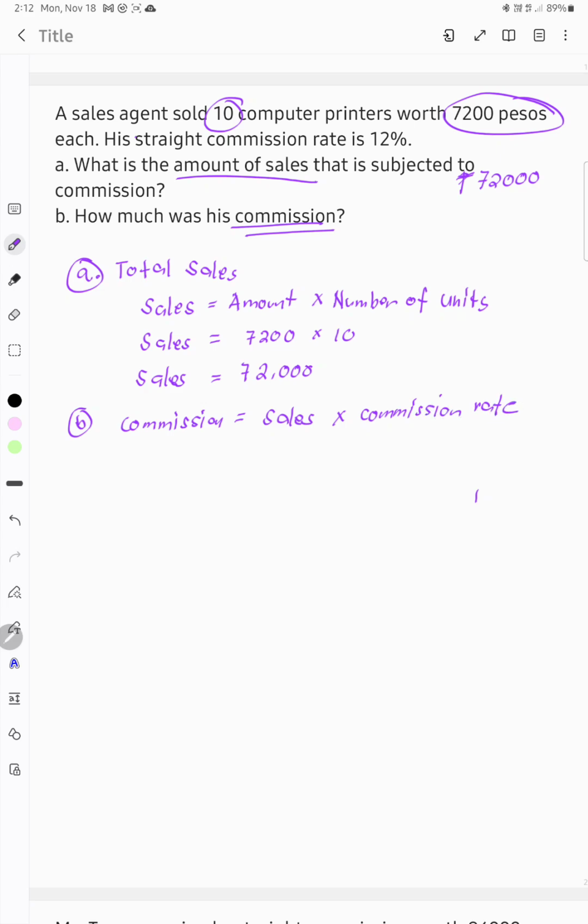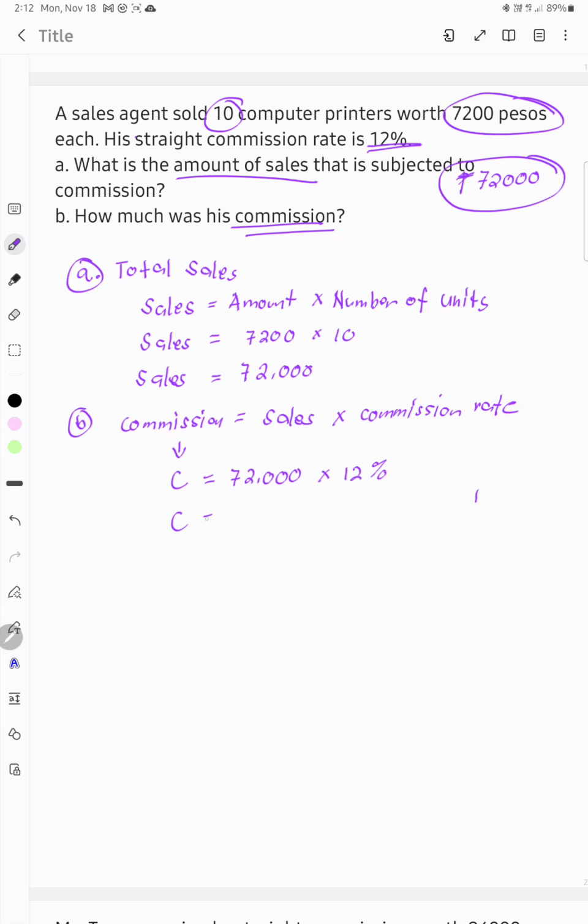As you can see in the problem, the commission rate is 12% and our total sales is 72,000. Using C for commission, sales is 72,000 times 12%.